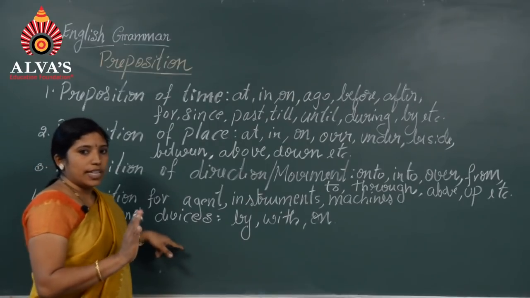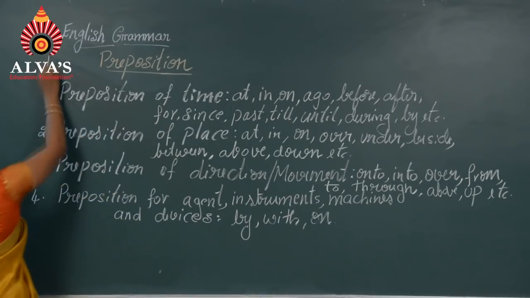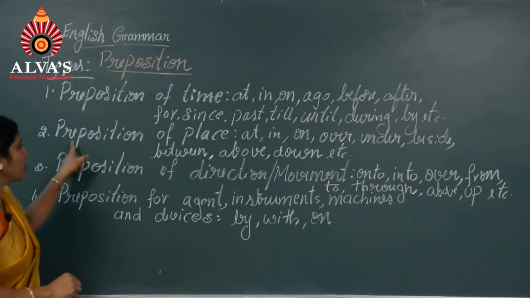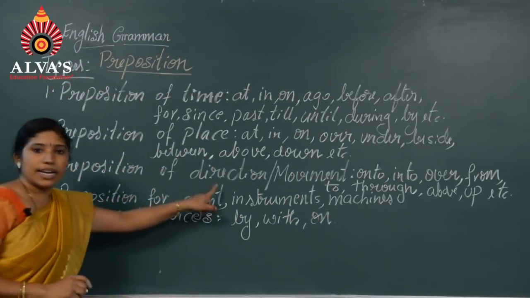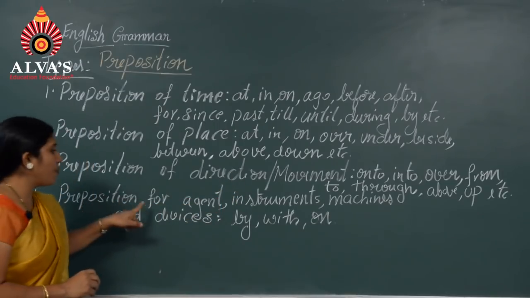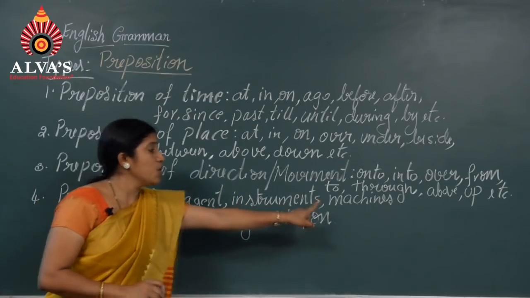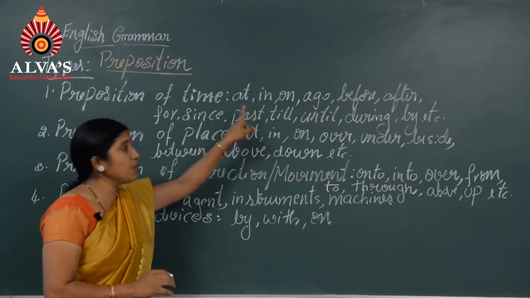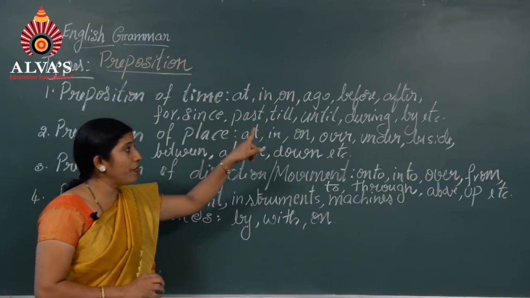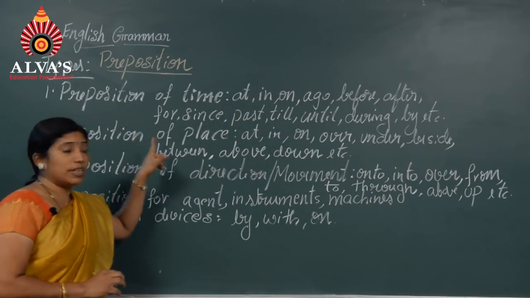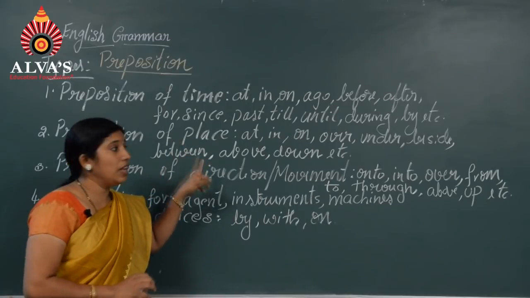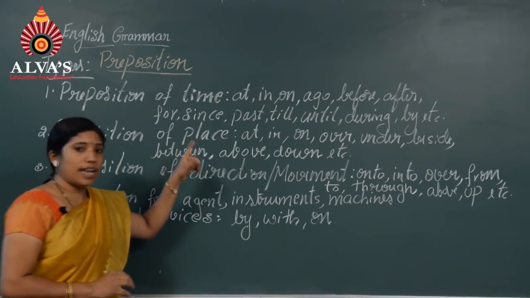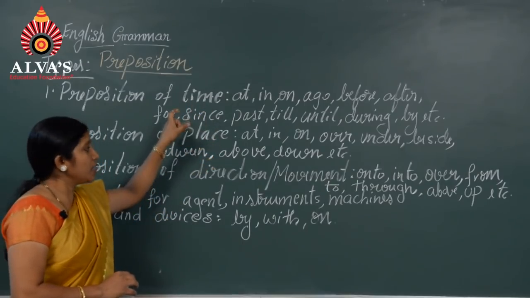There are 4 important types: prepositions of time, prepositions of place, preposition of direction or movement, and preposition for agent, instruments, machines and devices. What are the prepositions used under time? At, in, on, ago, before, after, for, since, past, till, until, during, by, etc. Next, place: at, in, on, over, under, beside, between, above, down, etc. Again, some of the prepositions are repeated here.